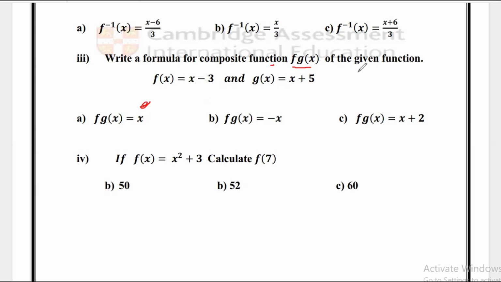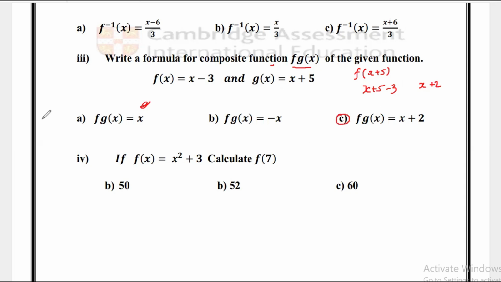Remember that f g of x means first we write g of x, which is x plus 5, and then we replace x plus 5 in the function f, which is x minus 3. So in place of x, x plus 5 minus 3 gives me x plus 2. So option C is correct.